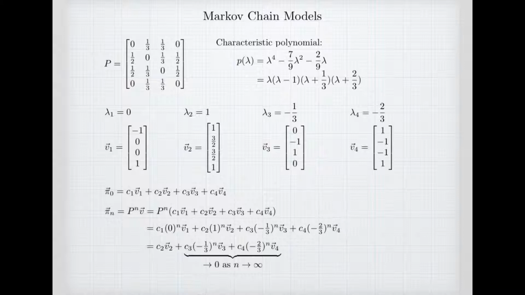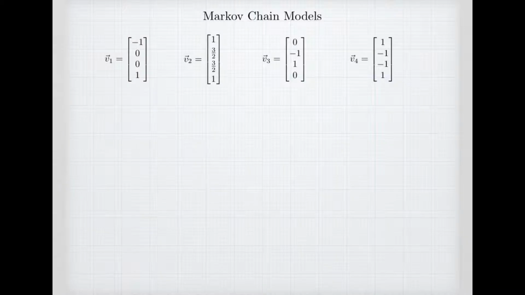So I go and calculate the inverse matrix, and my coefficients are the inverse matrix of the eigenvectors times my initial distribution. And recall, the one that we were focused on is C2. And so C2 is going to be the linear combination of the values of pi 0 times 1/5.